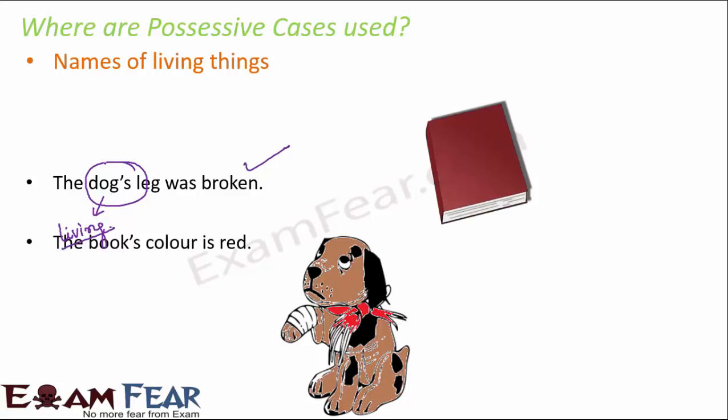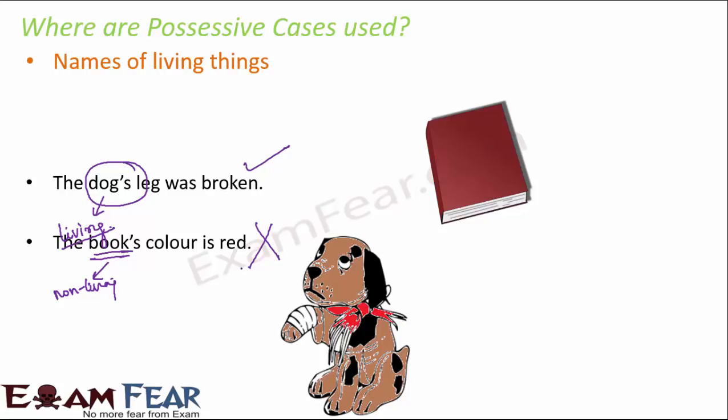However, if you want to say that the book's color is red, here the book is a non-living thing and therefore this is not correct. So how do we say this? The color of the book is red. So whenever you are showing possession, the possession has to be of a living organism, right? So the dog's leg, or the man's son, Rama's daughter.